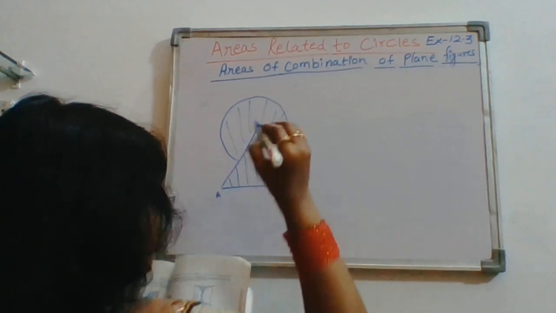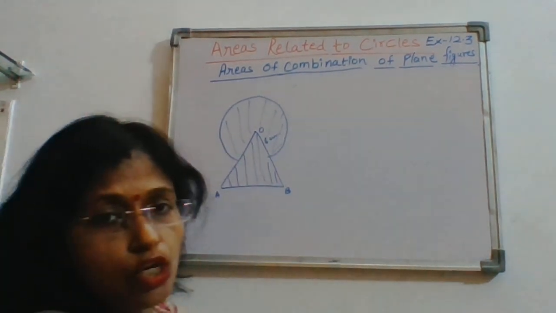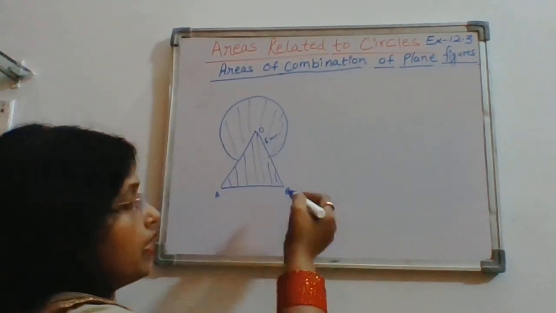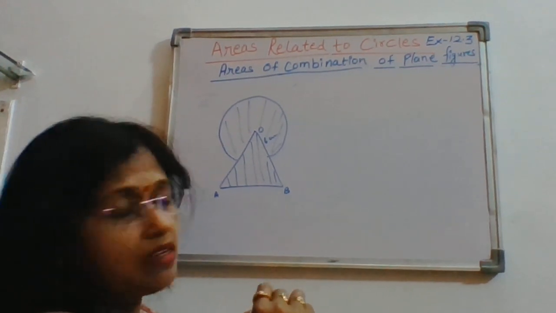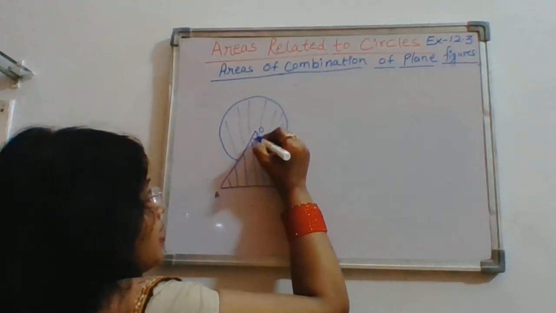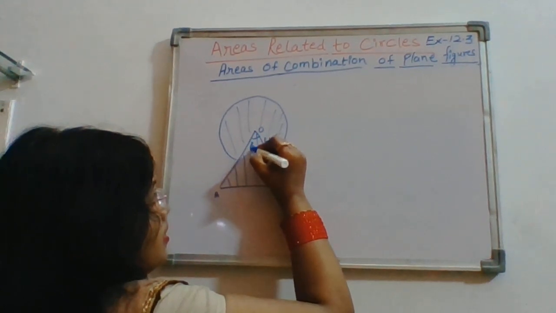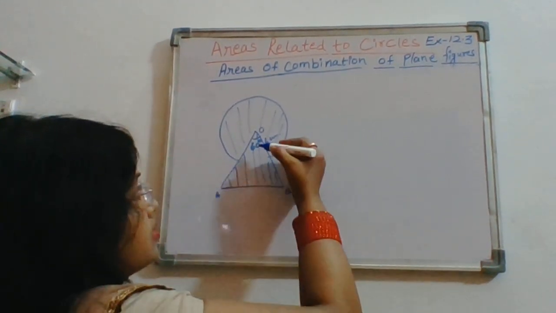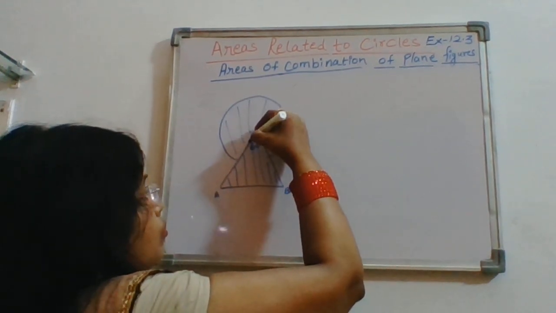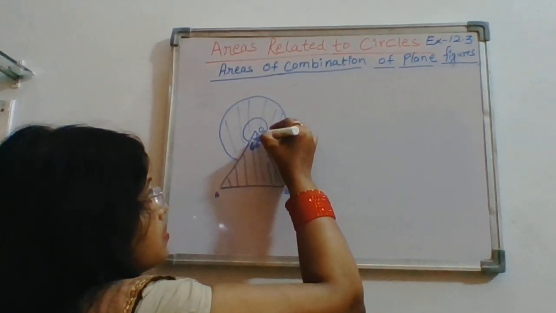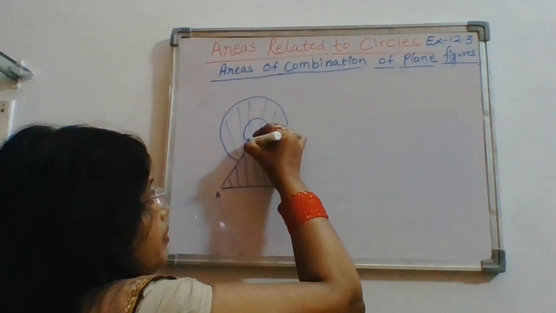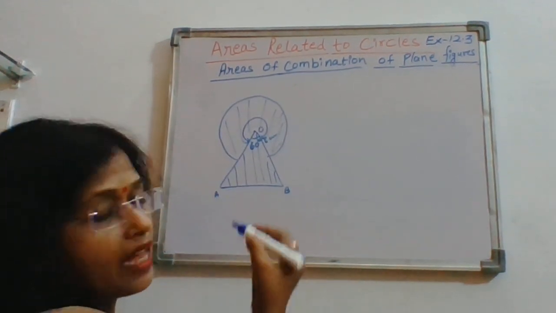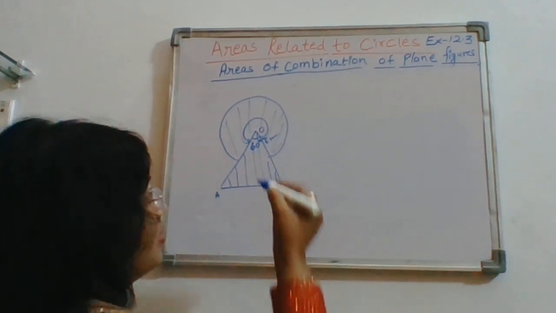This all is shaded. So we know that OAB is an equilateral triangle, and each angle of an equilateral triangle is 60 degree. So this is your 60 degree. So you can get this angle of the bigger sector. So complete angle is 360.